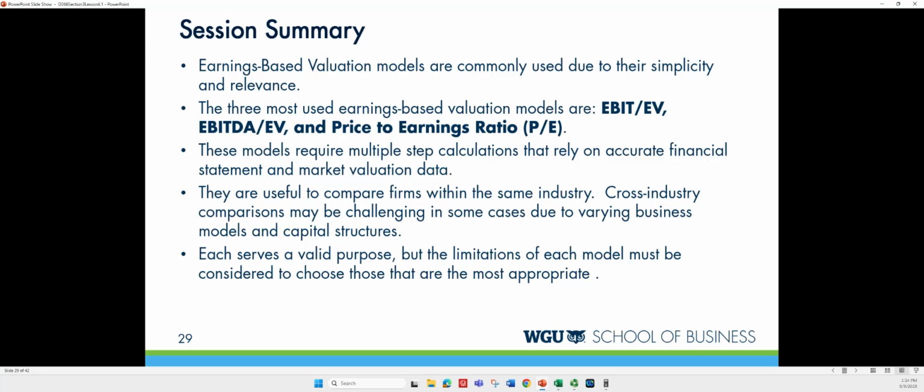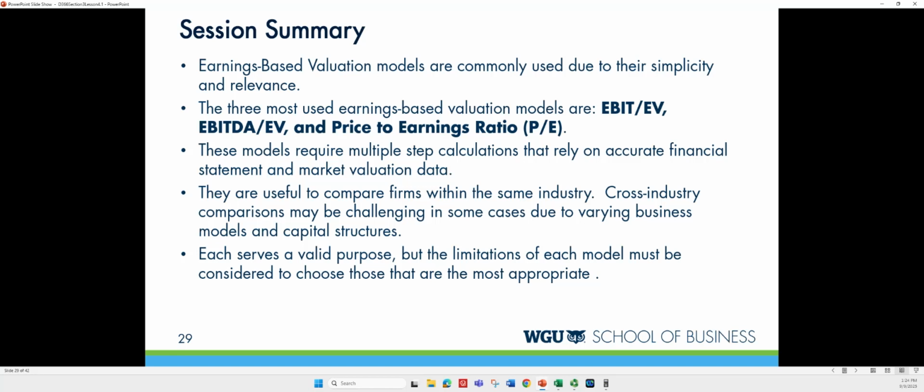So to summarize what we reviewed in this session, earnings-based valuation models are commonly used due to their simplicity and their relevance. The three most commonly used earnings-based valuation models are the EBIT to enterprise value ratio, the EBITDA to enterprise value ratio, and the price to earnings ratio. These models require multiple step calculations that rely on accurate financial statement and market valuation data.